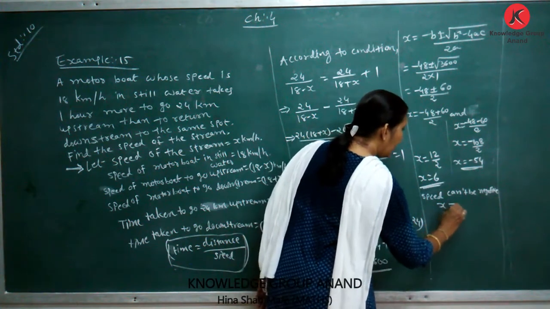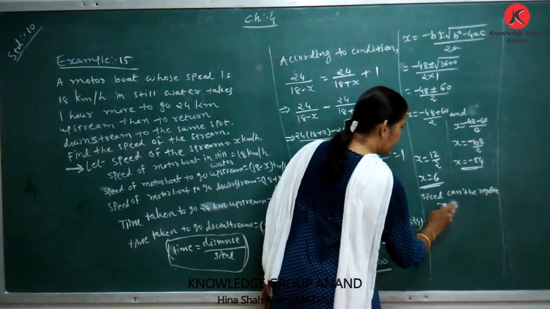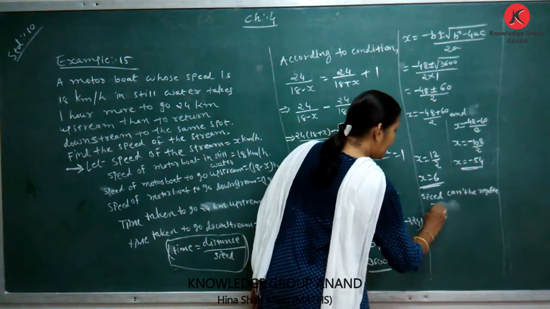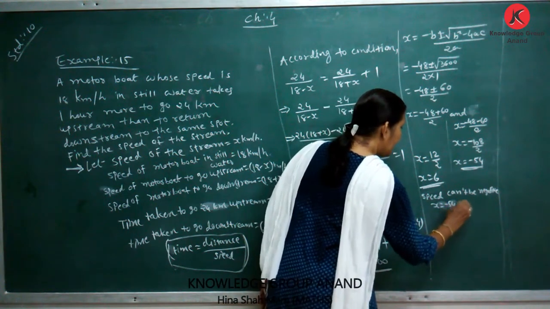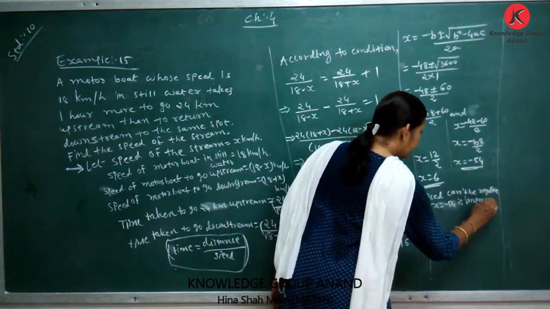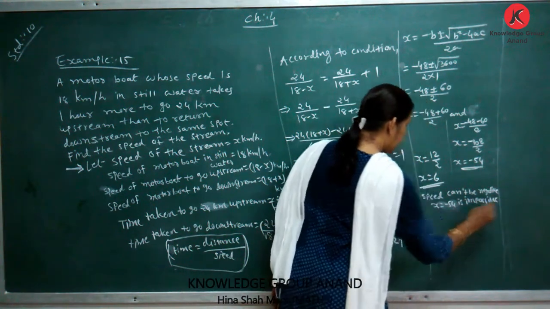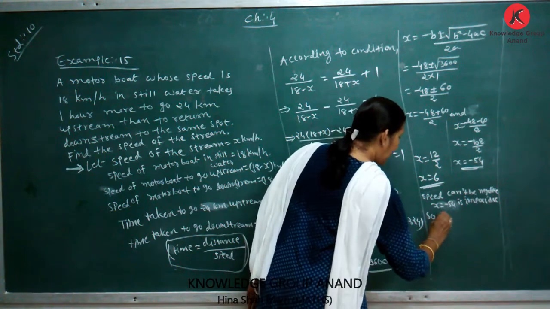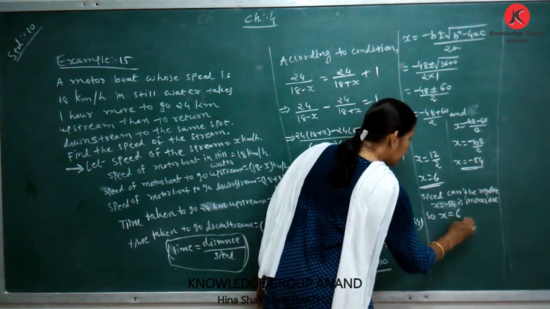Therefore x is not equal to minus 54. x is equal to minus 54 is impossible. So x is equal to 6.